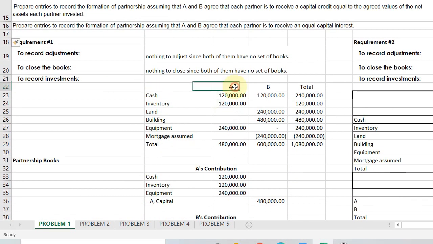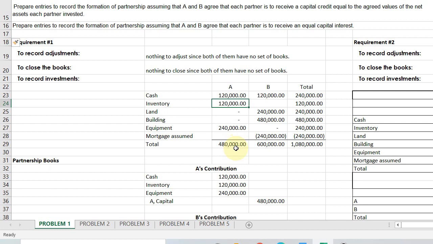So you put here A, the partner, B, then total. Then A contributed cash of 120,000, inventory of 120, land none. Building, none. Equipment, 240,000. Mortgage, not his. So the total contribution of A is 480,000.